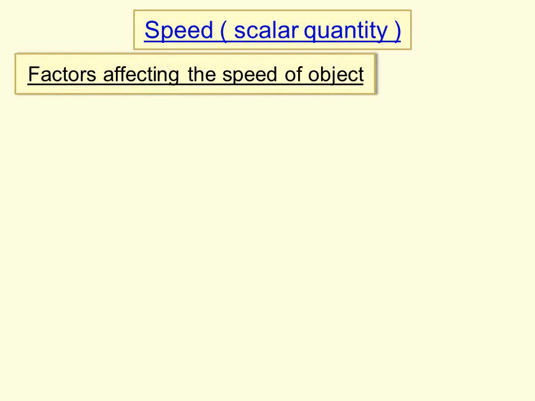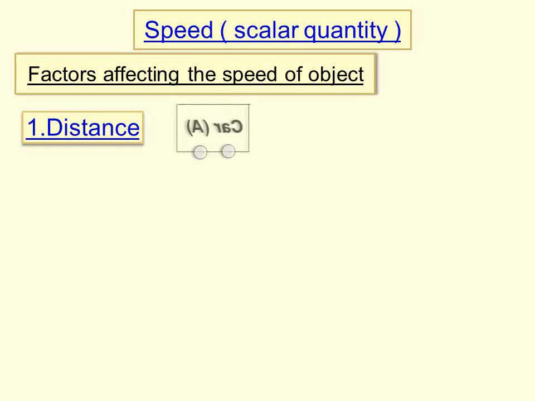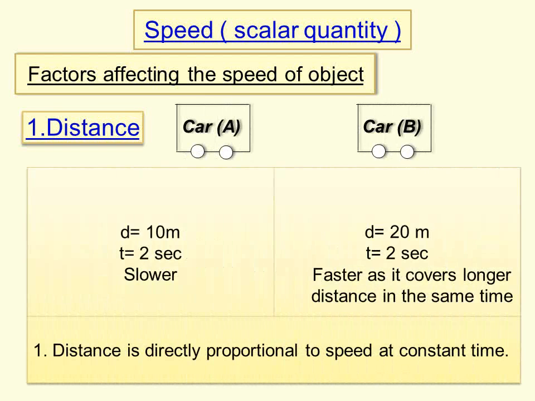Okay, factors affecting the speed of an object. Let's discuss. We have here two factors. The first one is distance. We have car A and car B. Car A moves a distance of 10 meters, car B moves a distance of 20 meters. They take the same time.